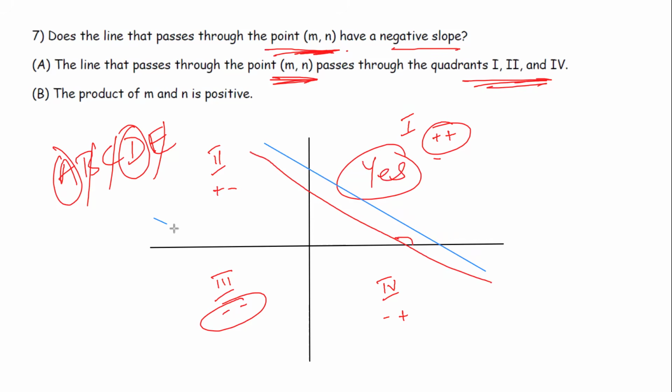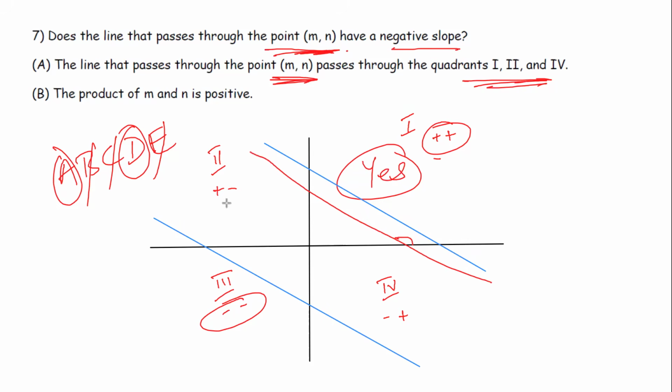But what if they are both negative and the line is passing through like this? Also, if M and N are both positive, because the product of M and N is positive, not necessarily it could be like this. Now it could be this green color line also.